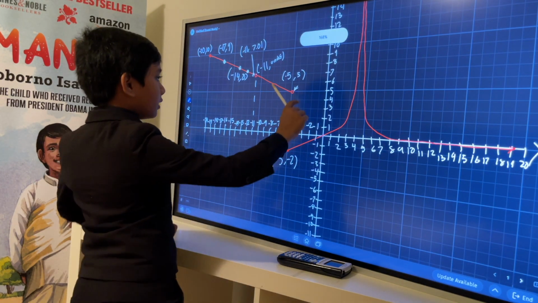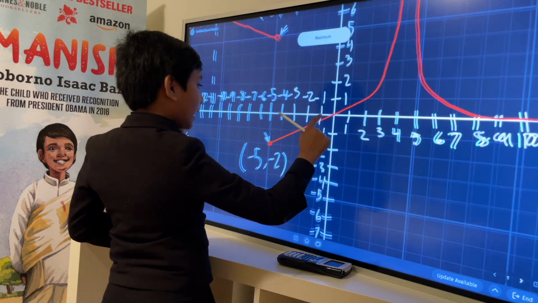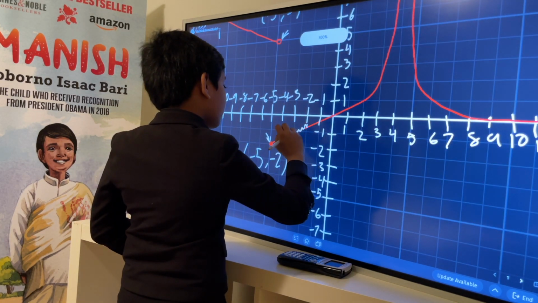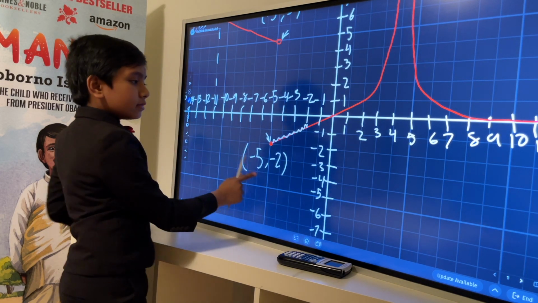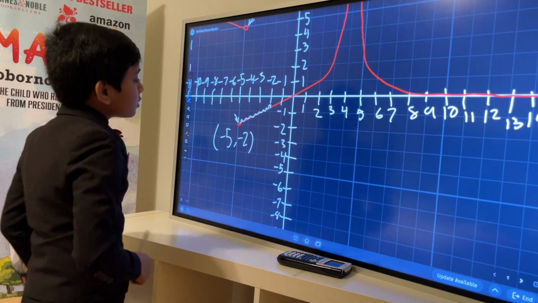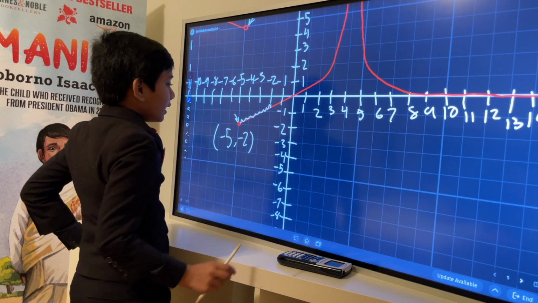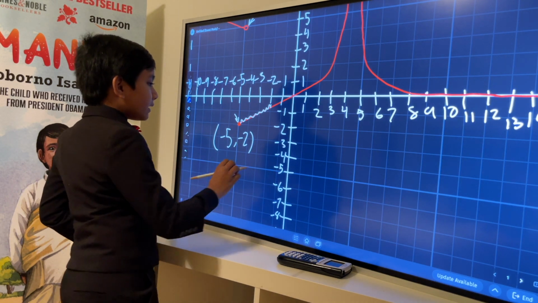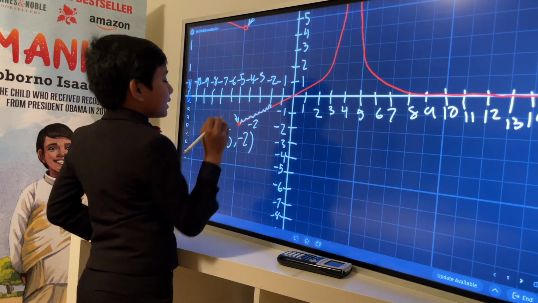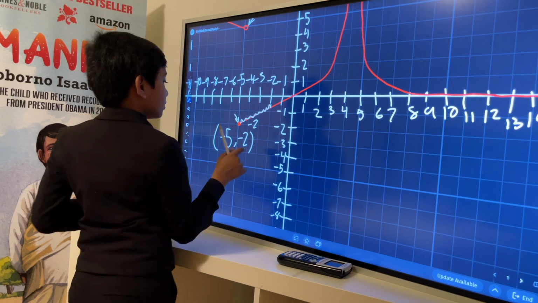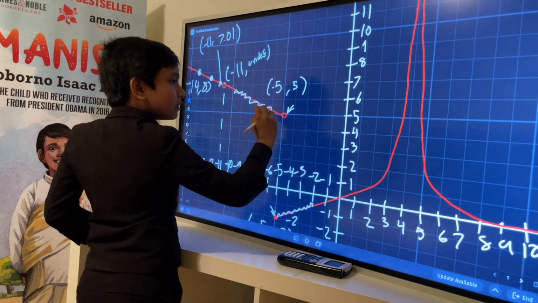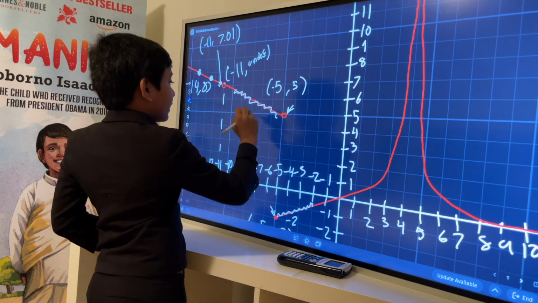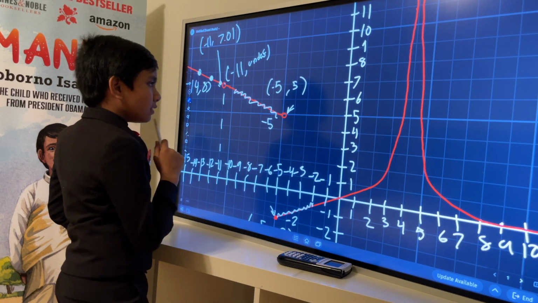Well, we realize that as we get closer and closer from the right, we get the answer negative 2. That's what it should be approaching. But when we approach closer and closer from the left, we get the answer negative 5, right?